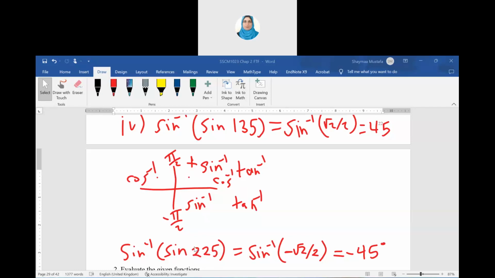If the result is positive, take your angle from the first quadrant. If the result is negative, take your angle from the second quadrant, because cos inverse is from 0 to pi, not from minus pi over 2 to pi over 2.